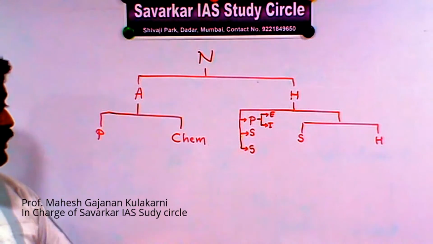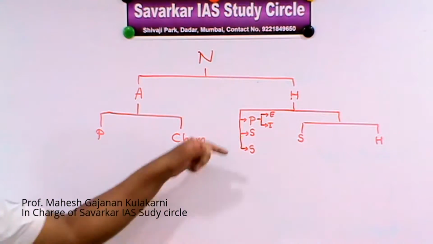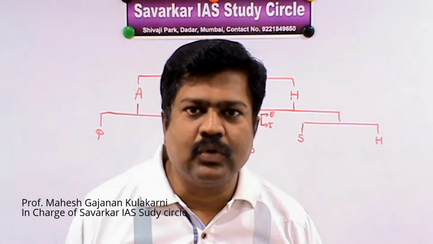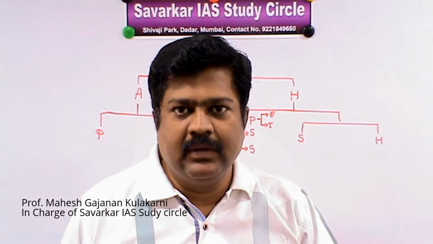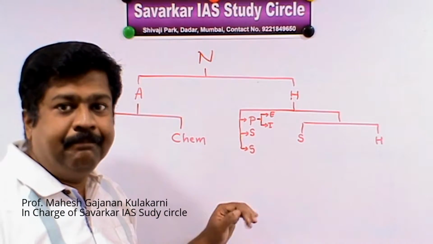The third category I am writing here, they are called scavengers. There are multiple overlaps, but I want to discuss this scavenger category also. They convert complex substances into simple substances. So they should be under heterotroph only.